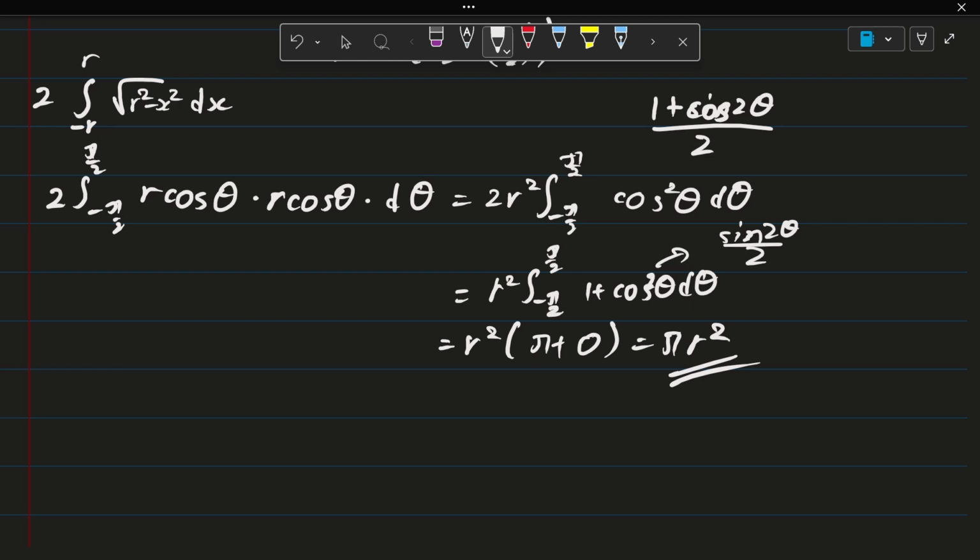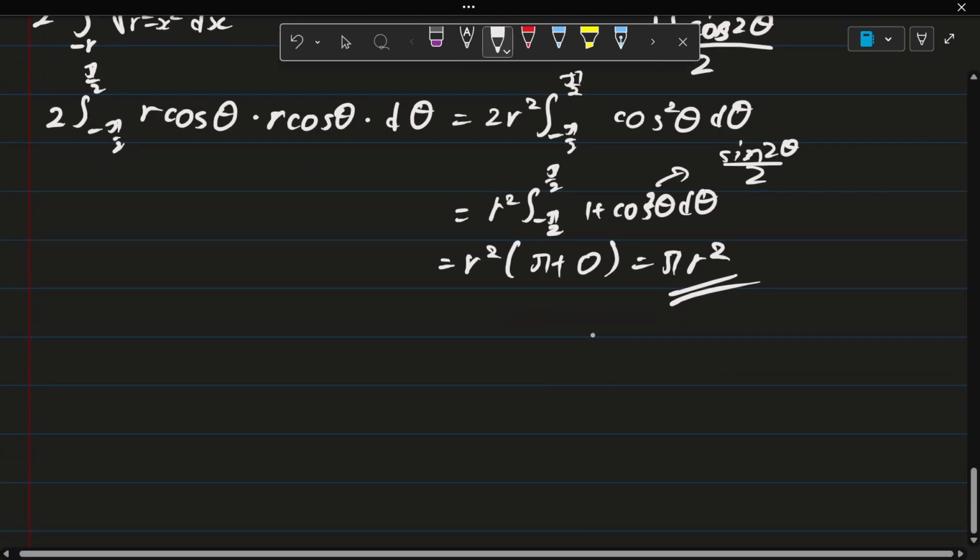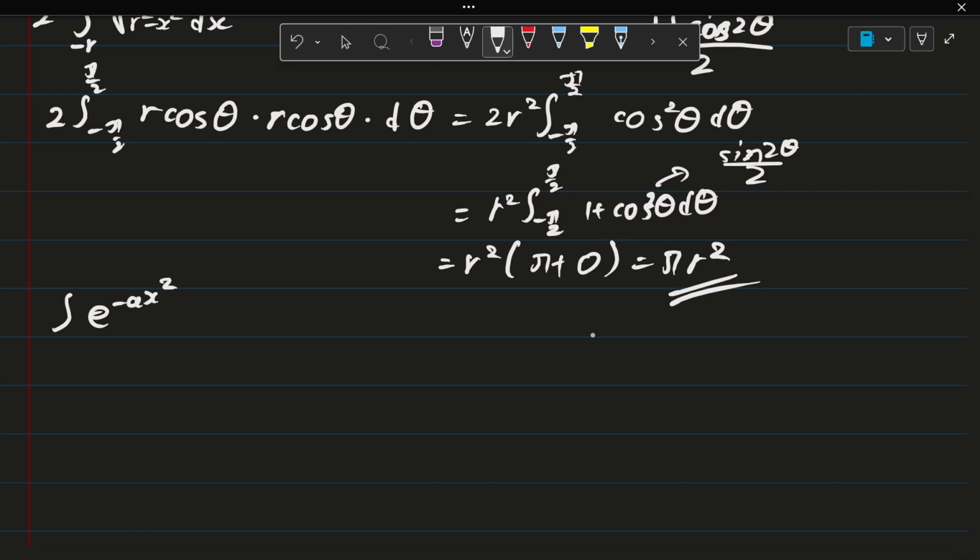So now I want to introduce to you a final trick. But before we get started on this trick, I will discuss the situation first. Maybe this integral is not solvable because it's not really known how to substitute it.